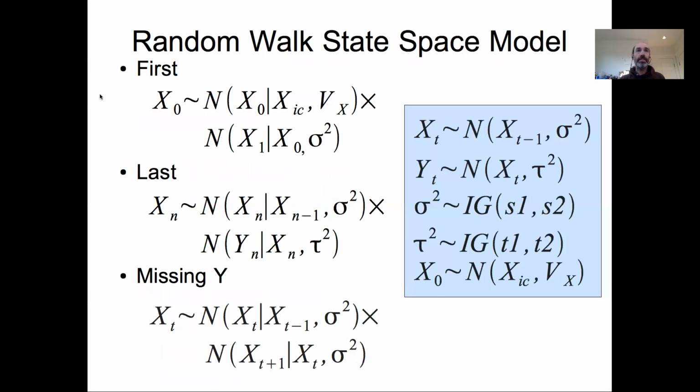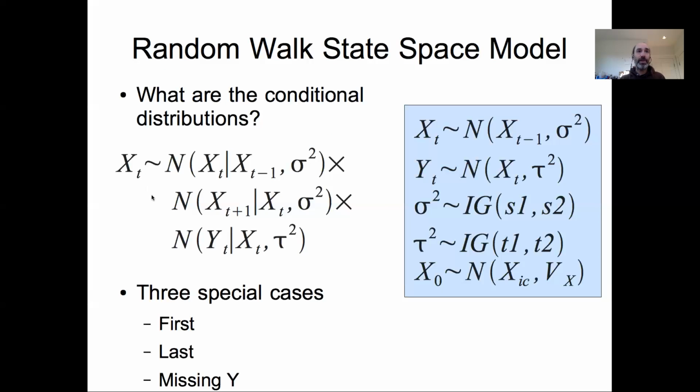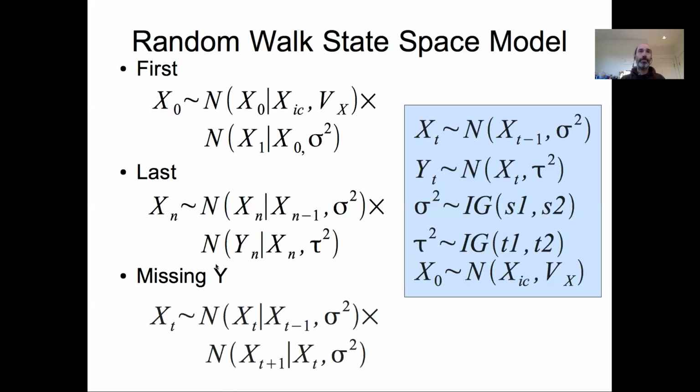So let's look at each of these. The first case, and actually quickly, let's go back and just remind ourselves, in the full case, we had 3 terms, and each of these 3 special cases are just going to correspond to when we're missing one of these terms.